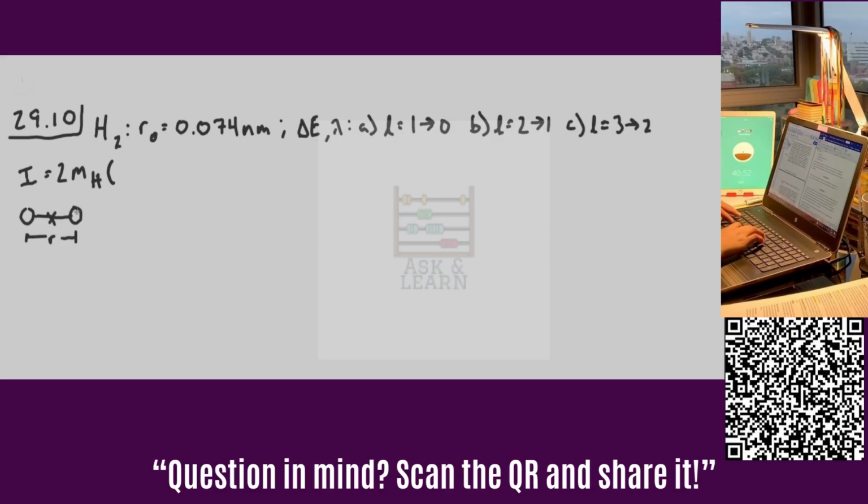And then the distance squared for one of them, because we're counting them both with the 2 here. And so then this just simplifies to 1/2 m_H r squared.